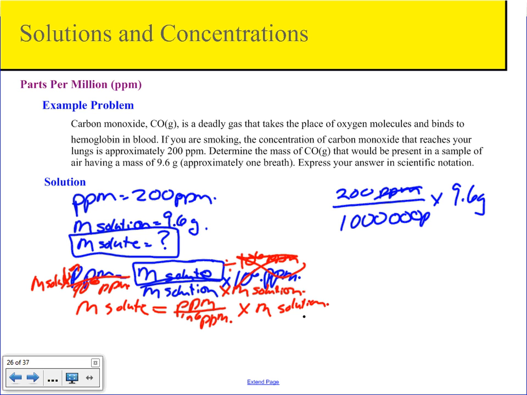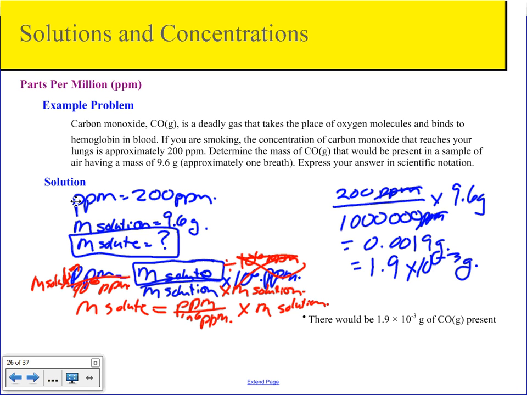Parts per million is going to cancel out. And this leaves me with 0.0019 grams, or because I need only 2 significant digits, 1.9 times 10 to the negative 3 grams. So our answer here is there would be 1.9 times 10 to the negative 3 grams of carbon monoxide present.